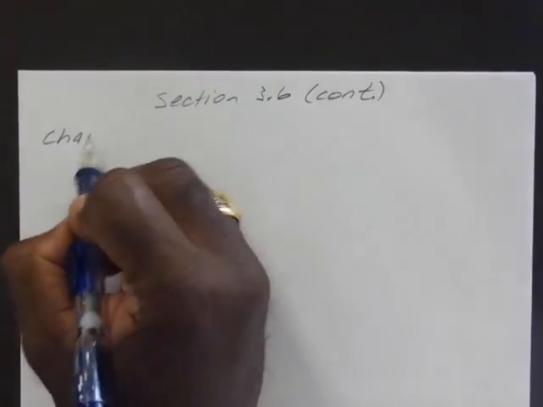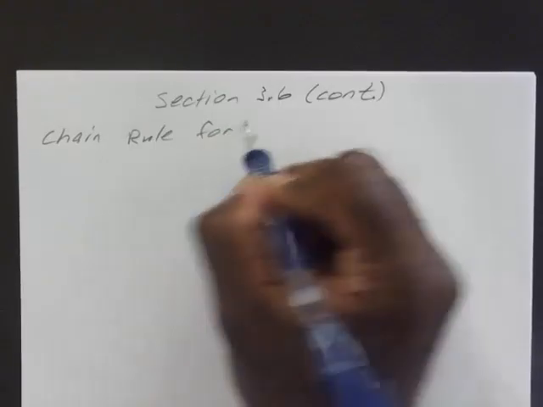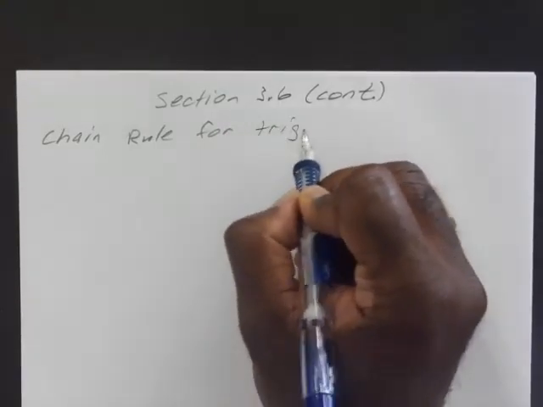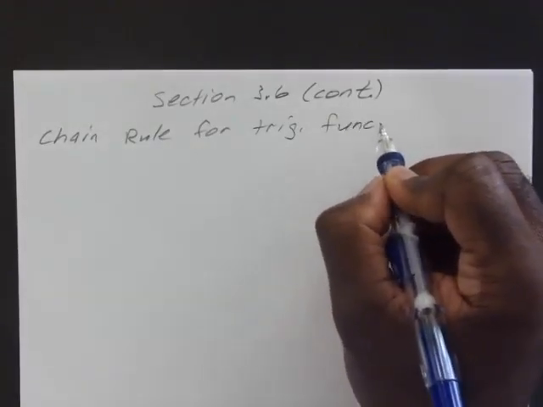It involves the chain rule for trig functions, so it leads right from 3.5.